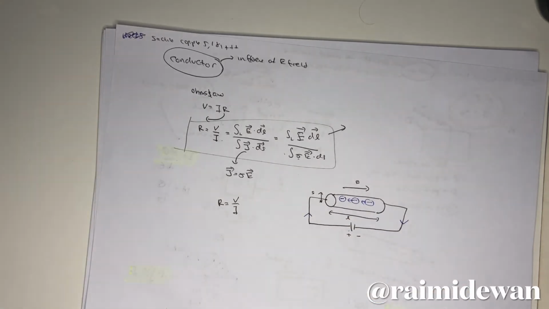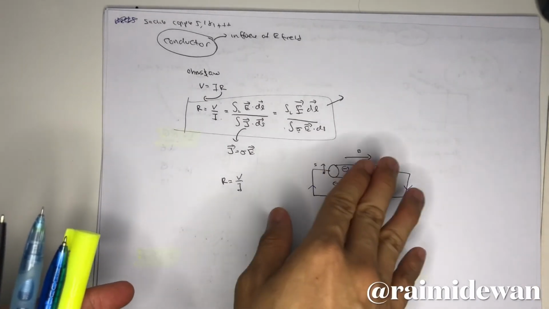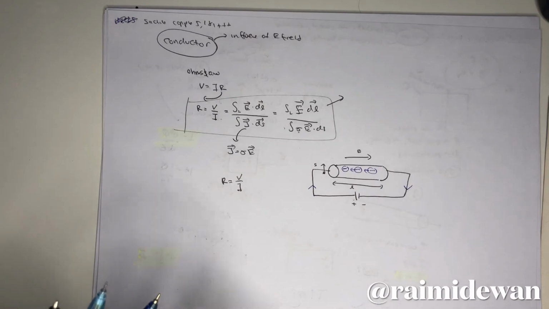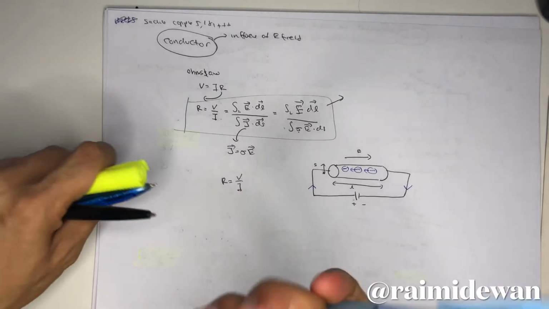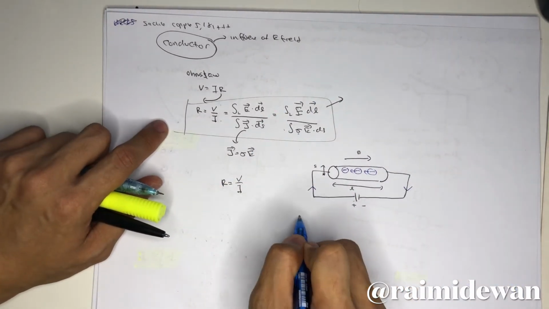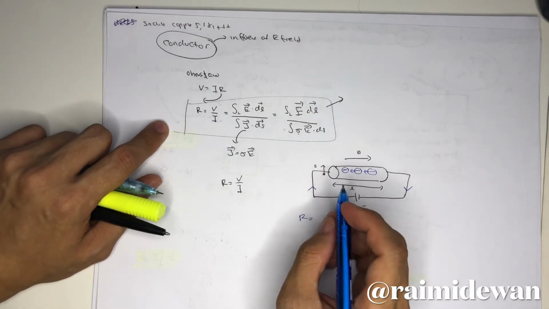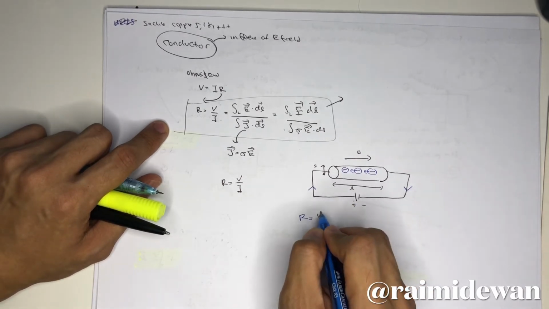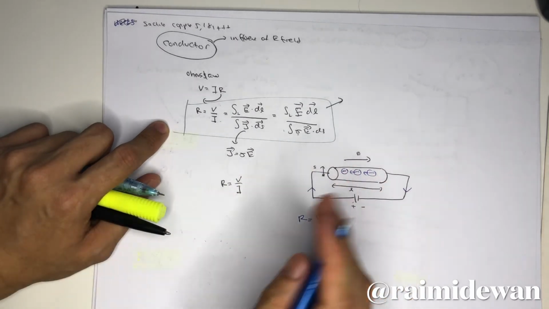Now for the R with this surface, we can use R equals V over I, for the case of normal Ohm's law.